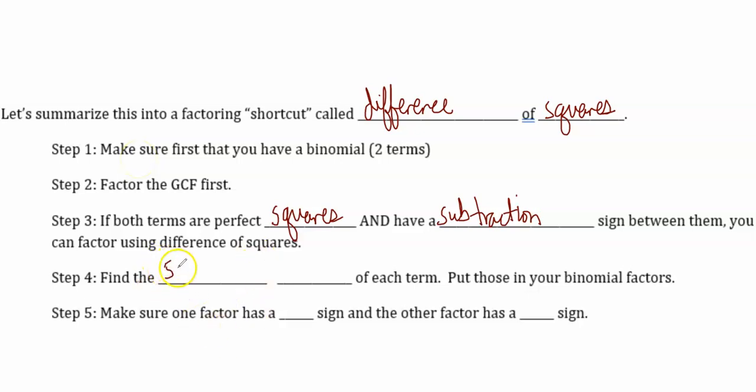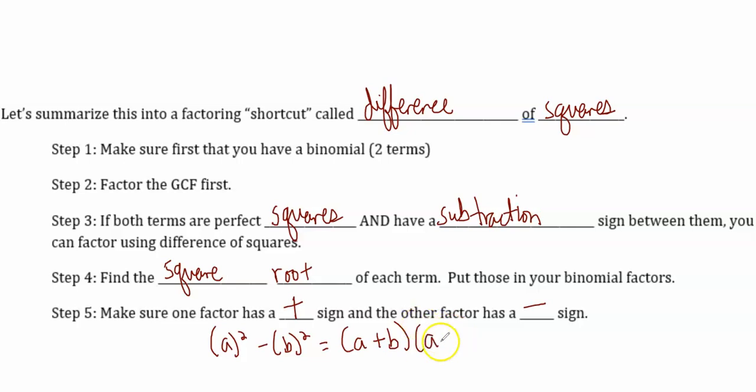Find the square root of each term and put those into binomials. Make sure one has a positive sign and one has a negative sign. In other words, if we do something squared minus something squared, we add those square roots and then we subtract those square roots. So that's the pattern we're going to be using through this.